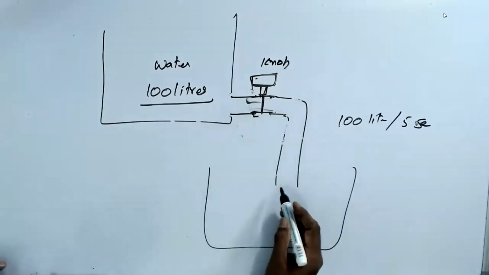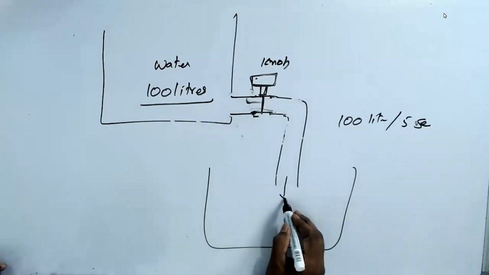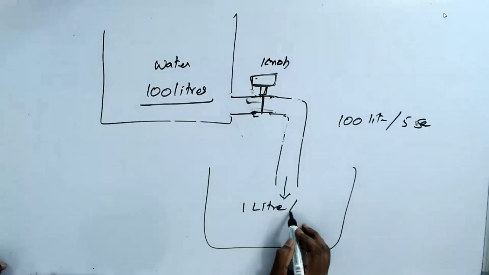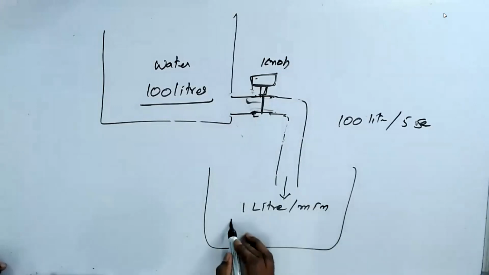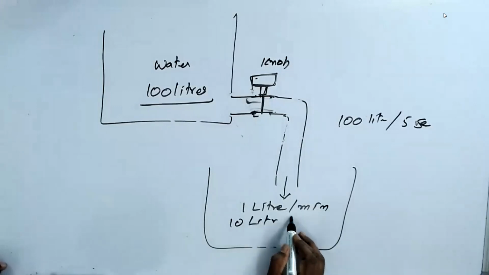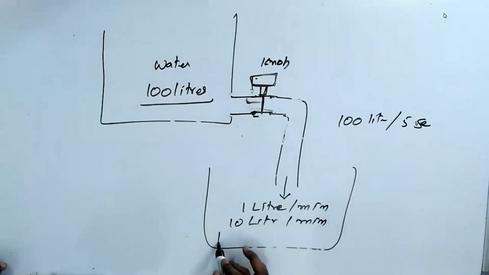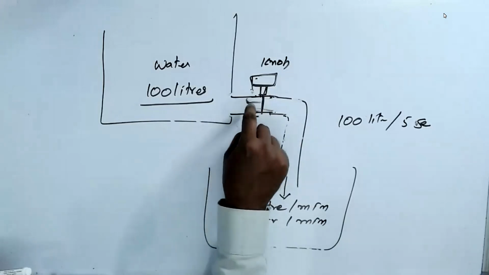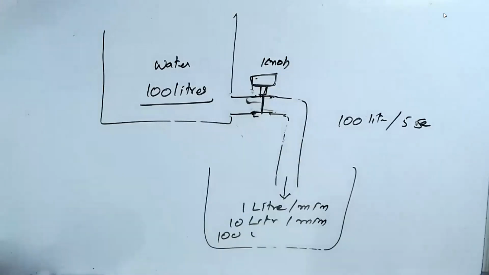So what happened? I can control the flow of water either 1 liter per minute or 10 liters per minute or 100 liters per minute. Understand? That depends on this one. But there's a trick here.